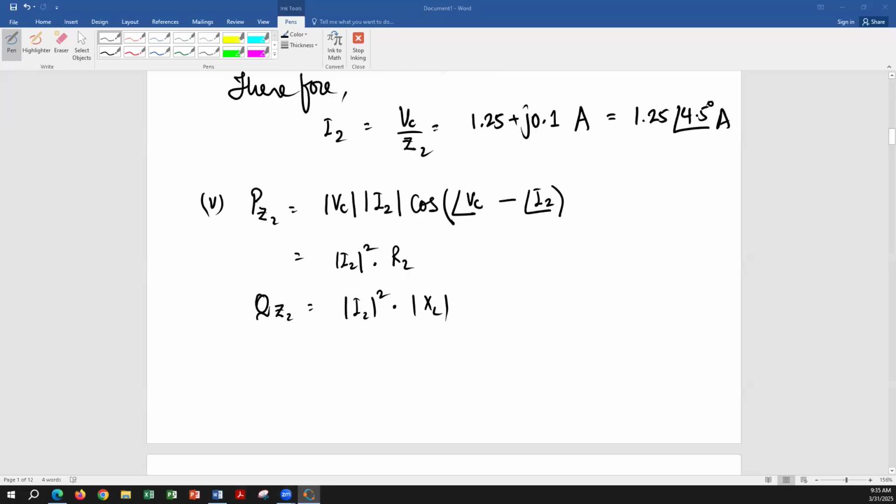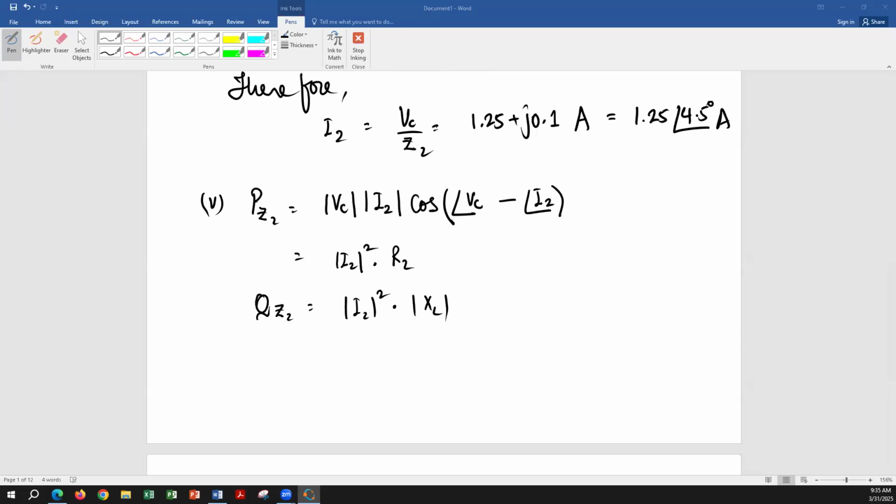Yeah. So let's go ahead and calculate these. So PZ2 is magnitude of I2 squared times real of Z2, and QZ2 is this. Okay.